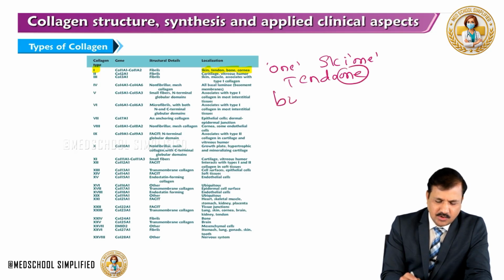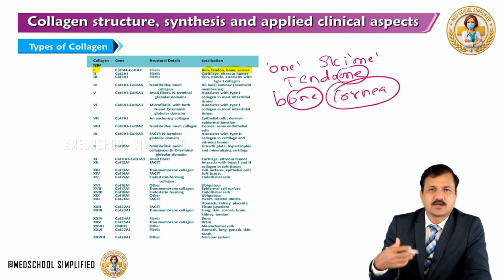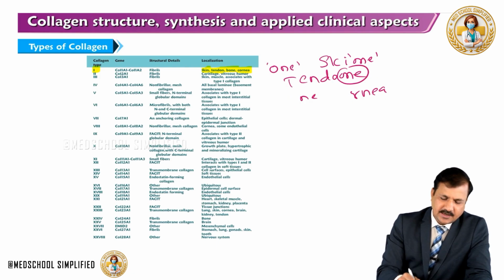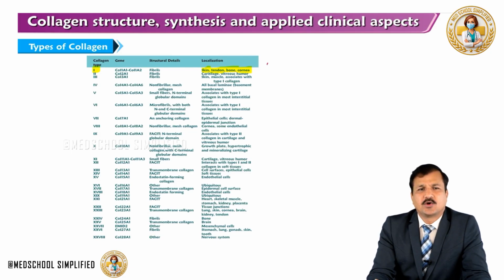Bone has 1, so that is type 1 collagen. Cornea, you can make 1 there too. Like that, you can roughly remember type 1 collagen locations: skin, tendon, bone, cornea.